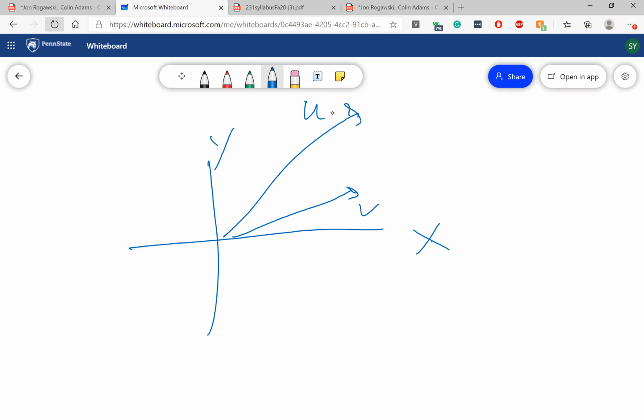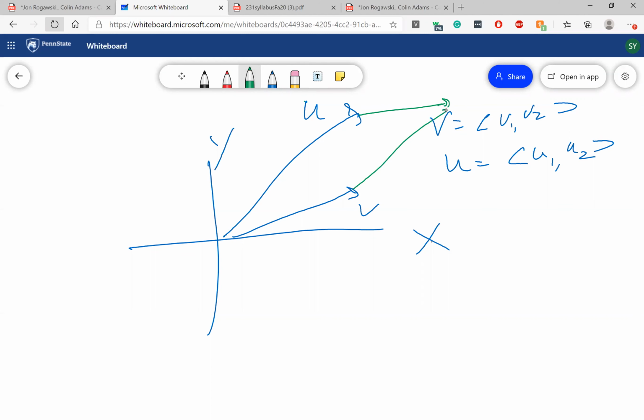Now I'm in R2, so my v is, let's say, equal to v1, v2, and my u is equal to u1, u2. Let's say I want to find the area of the parallelogram that's created out of these two vectors. So I move my v, and I move my u, and I want to find this area.